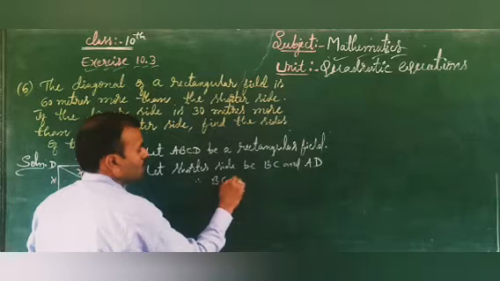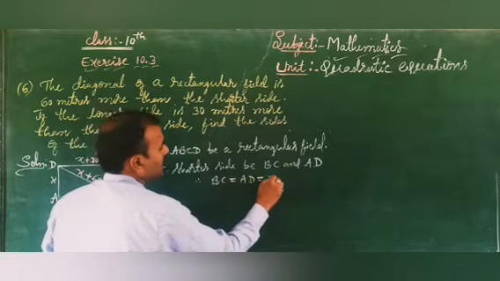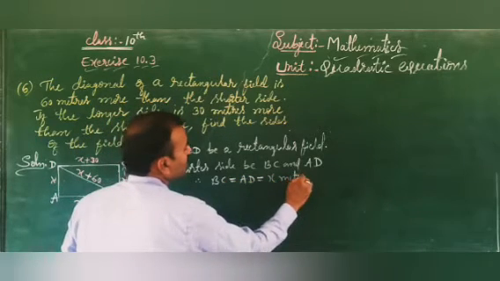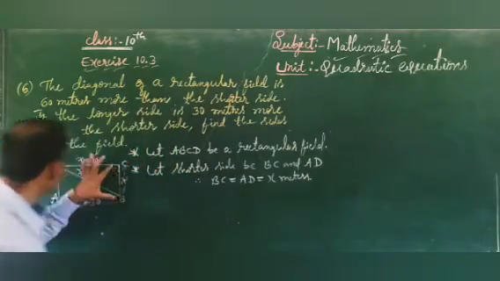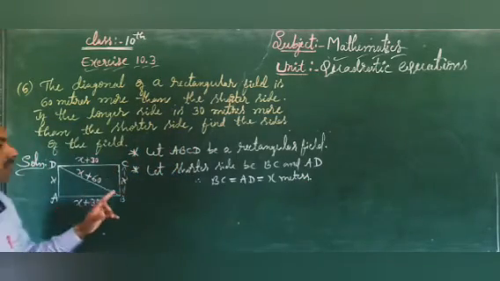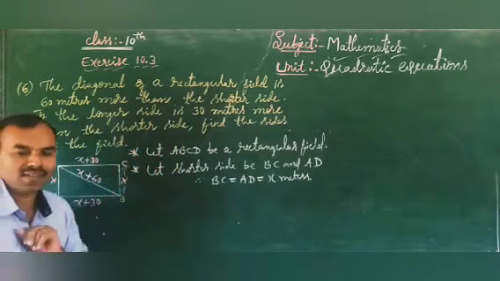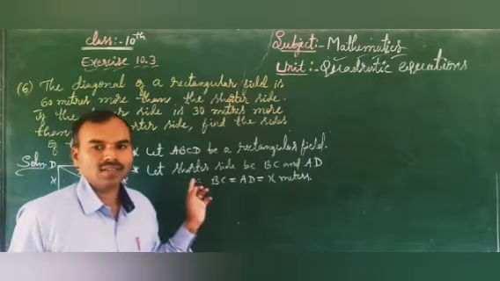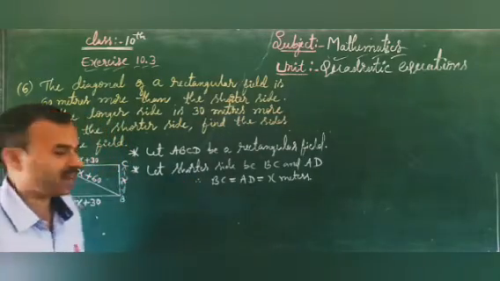Therefore, BC equals AD equals x meters. We take those two as the shorter sides.